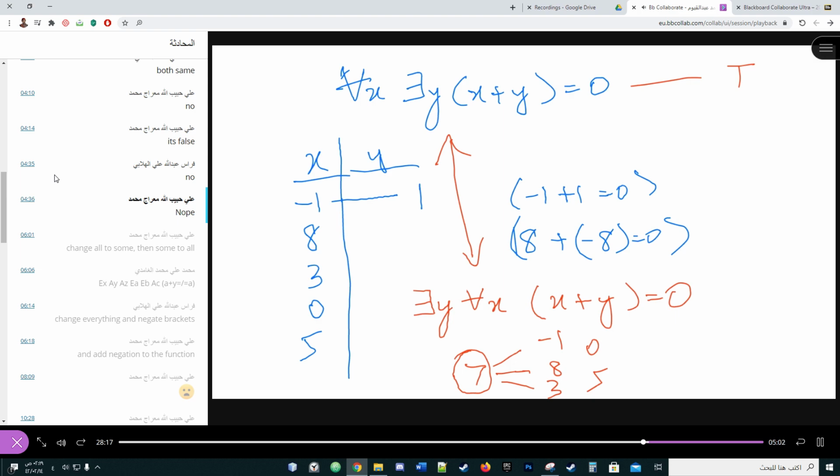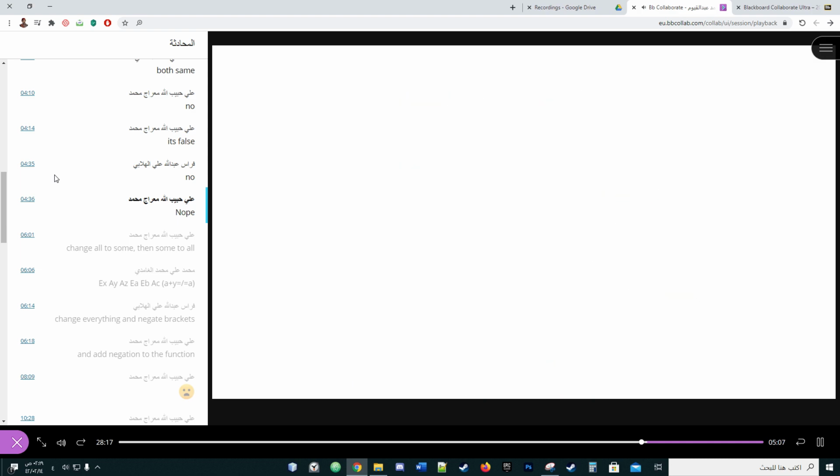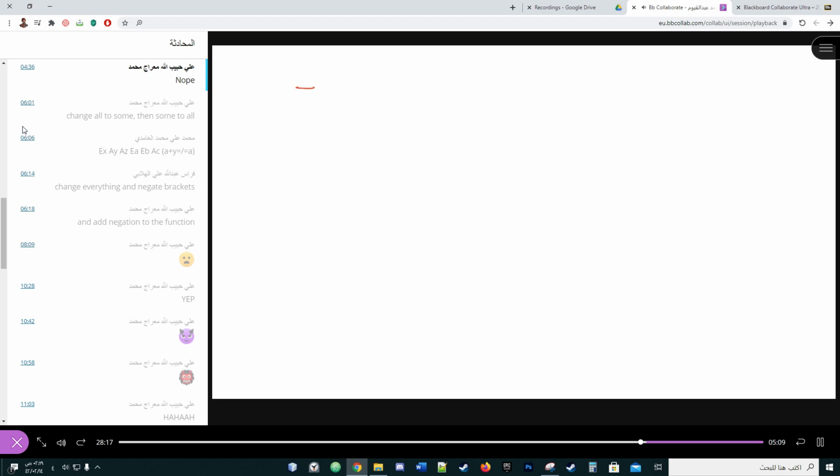So let's move on. I'll give you a very, very easy example. A very complicated looking thing, but very, very simple. This is a common question in the exam, a favorite question in the exam.